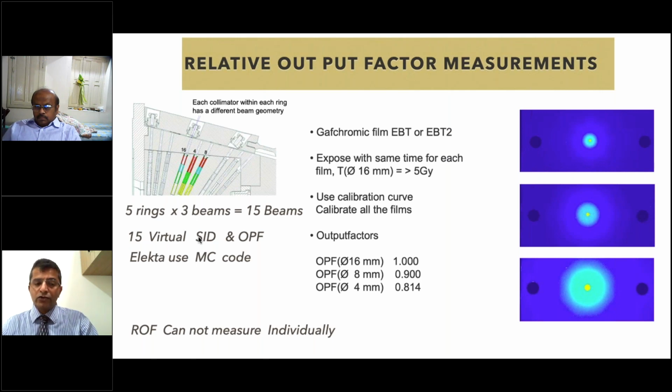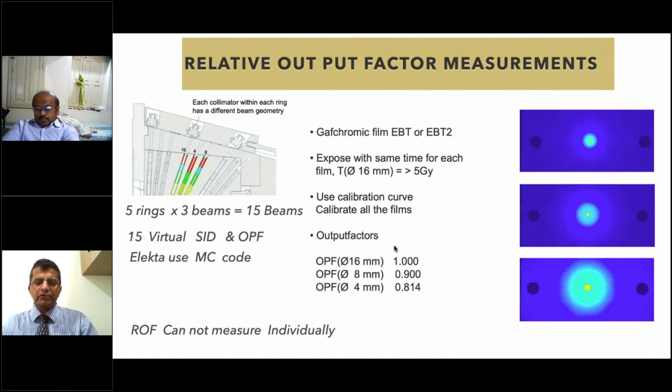Even Elekta uses a Monte Carlo code to fit those values to make the calibrations. So the relative output factor values given by Elekta are measured using Gafchromic EBT or EBT2 film. These are the values currently used by most of the centers.